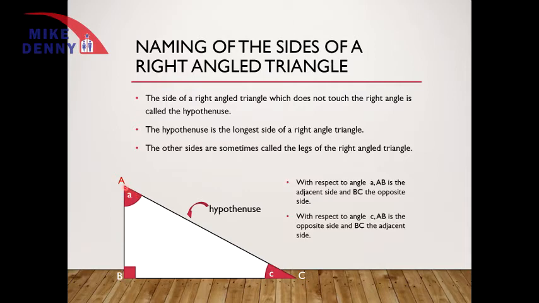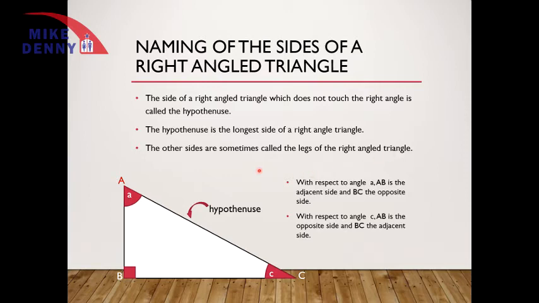And we have said the side that does not touch the right angle is called the hypotenuse. Therefore, this side is what is called the hypotenuse. So you will see that the hypotenuse is the longest side of a right-angled triangle. The other sides are sometimes called the legs of the right-angled triangle.